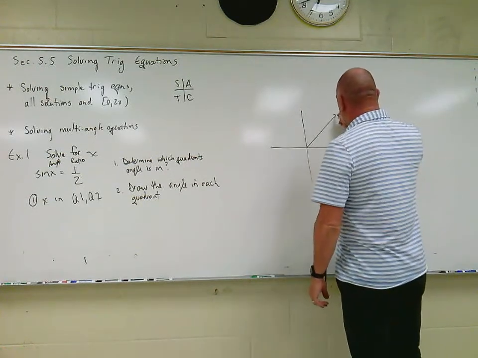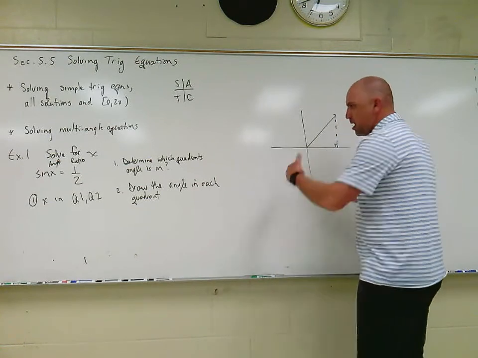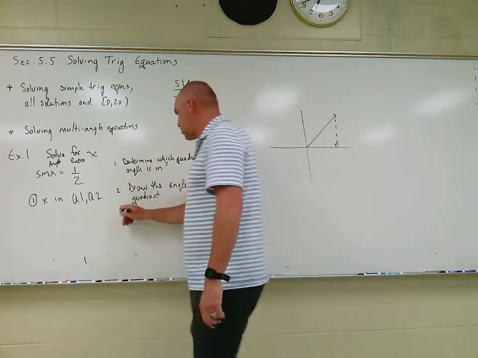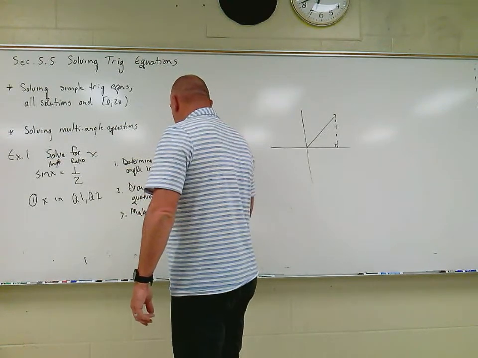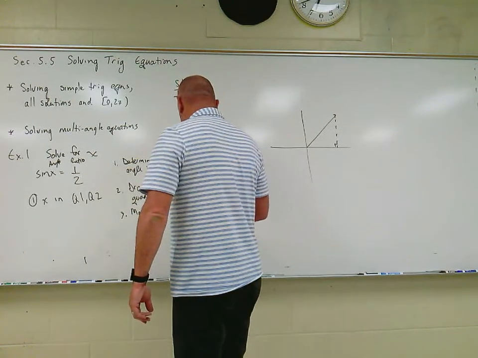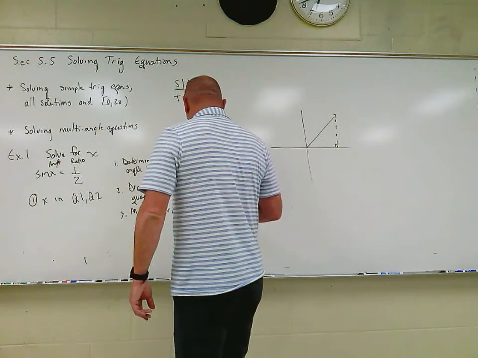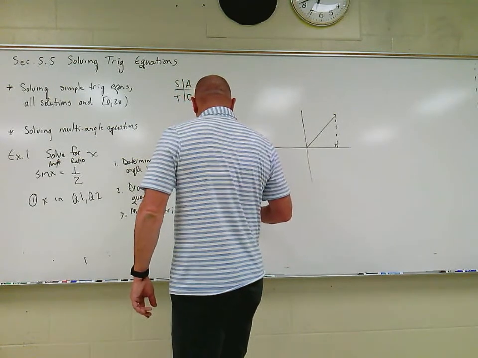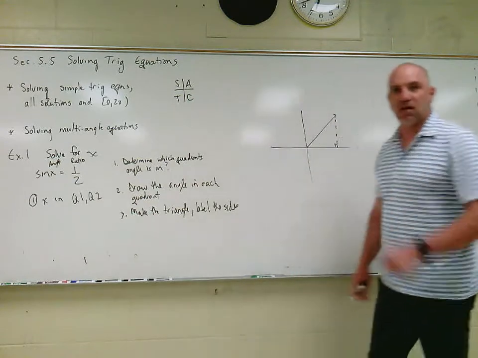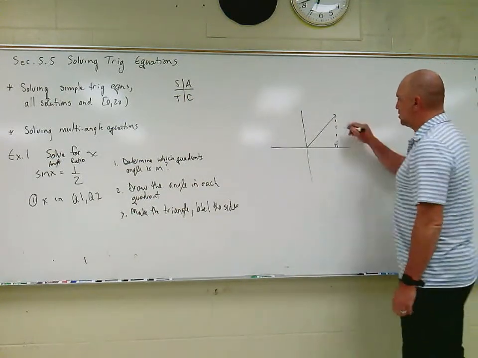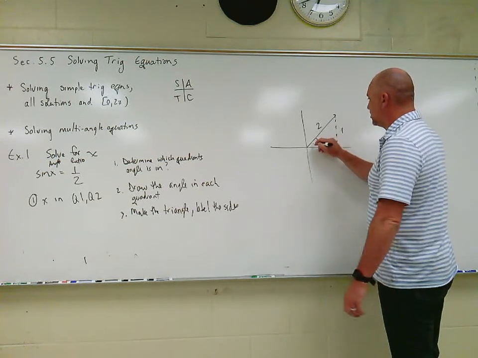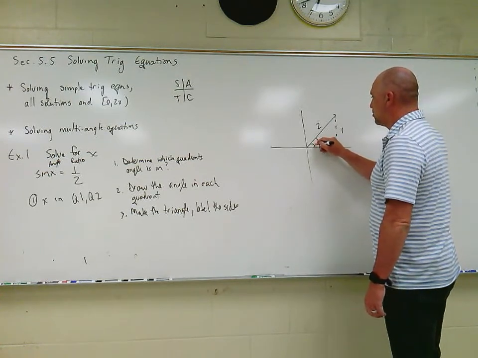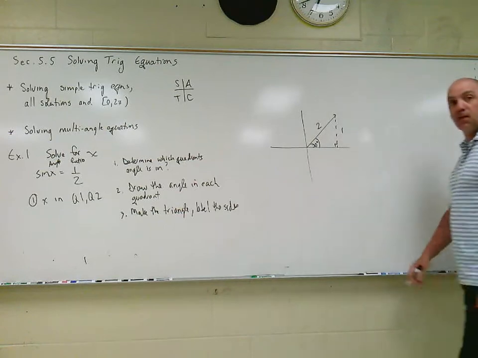So once I draw the angle in the quadrant, I'll make the triangle and label the sides correctly. Since this is the ratio of sine, 1 is what side? Opposite. 2 is the hypotenuse. So, like what CJ said, this angle has to be 30 degrees.